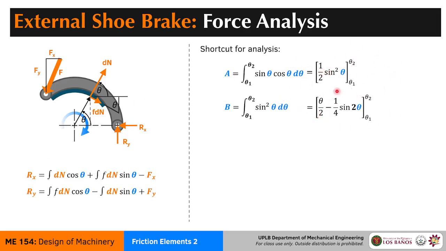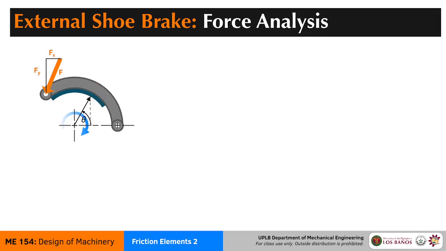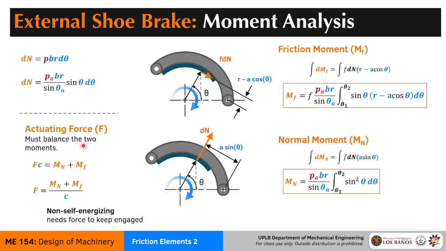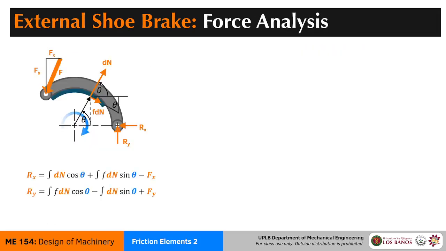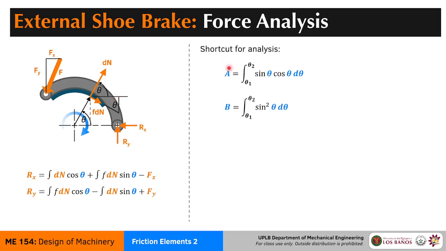So if we go back to our moment analysis, we can actually substitute these back. We can calculate for these in advance and then redefine the equation such that it's easier to handle. So when we're handling shoe brakes in general, it's nice to have shortcut coefficients here. So what you do is go for the shortcut coefficients first, solve for these, and then find where these expressions may be found.